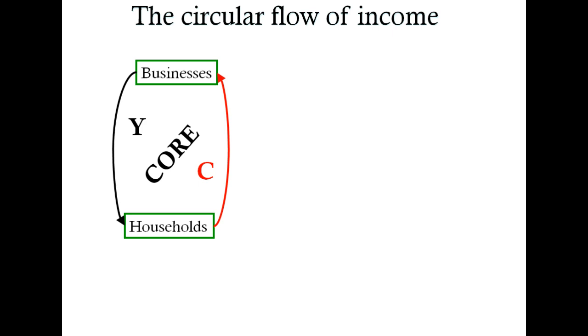So households, on receipt of the income from selling their resources, or hiring out their resources, they don't just spend it on consumer goods, they save some of it, presumably. So we need a banking or a financial system.